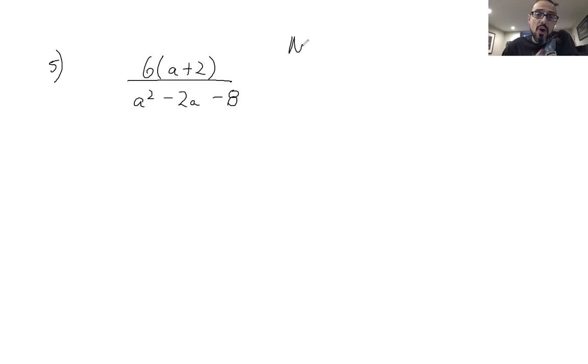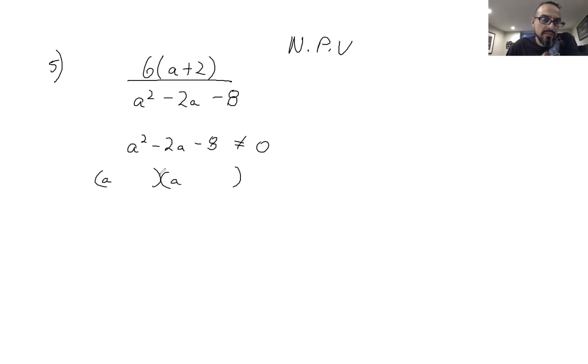What are the non-permissible values? So we'll take the denominator. We'll say a squared minus 2a minus 8 can't equal 0, and we'll factor, just like we did before. The only difference is this is trinomial factoring, where we take the factors of the constant and find those factors that subtract to make -2.